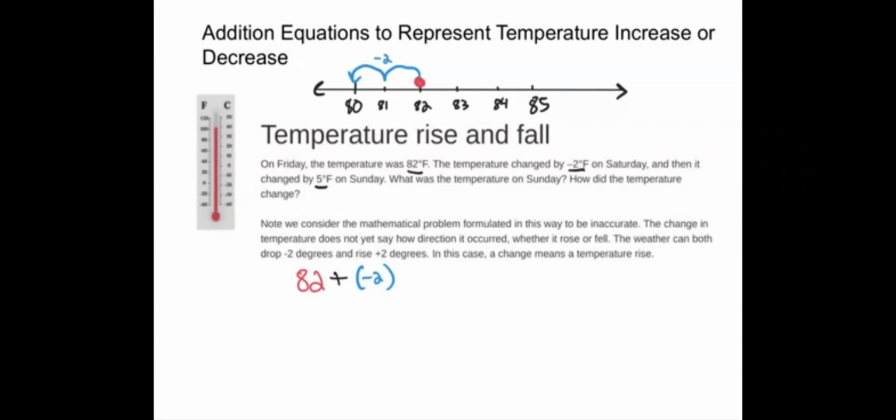And then we added 5 more degrees. Let me put that in green. So then we went from 80 to 1, 2, 3, 4, 5. We added 5 degrees, so our landing point was 85 degrees in total. So 82 plus negative 2 plus 5 all equals 85.